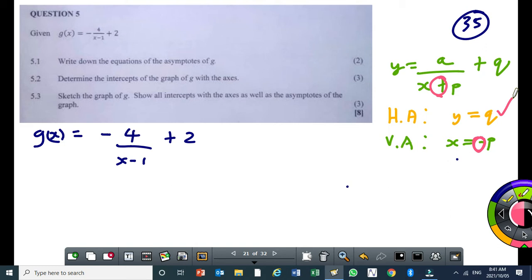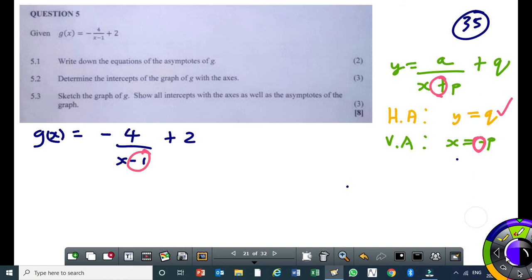So if you look at this equation now, we have got that minus 1. Here you need to be very careful. In this case, the general equation is not given. If you decide that, okay, let my general equation be this one with a plus. Remember, the other one is also y equal to a over x minus p plus q.